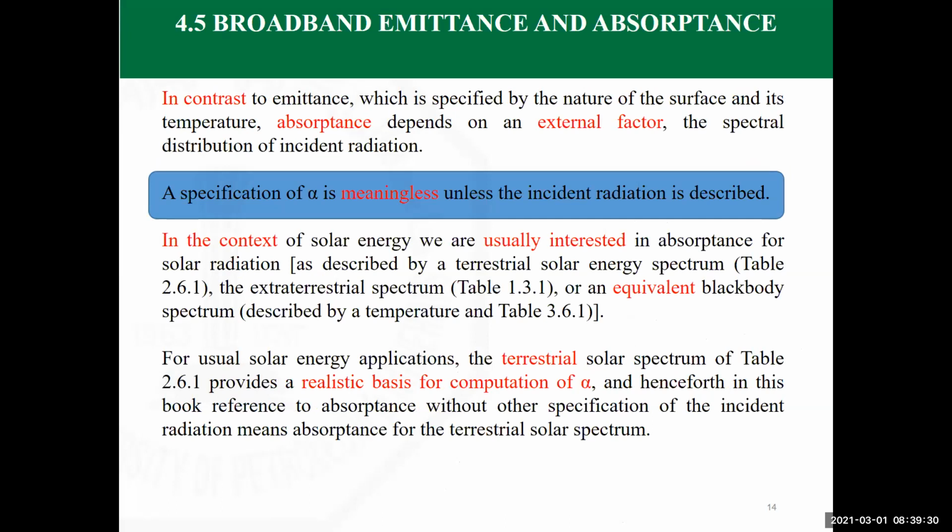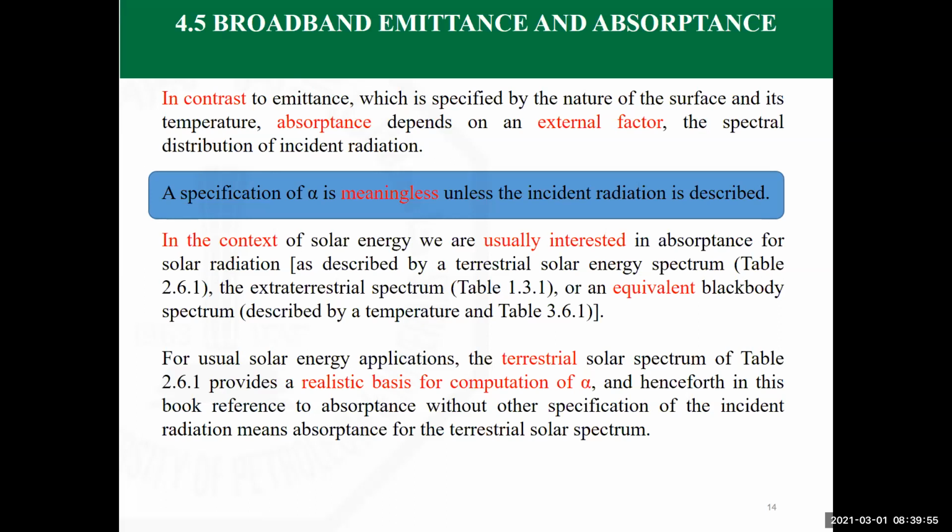Now, the additional issue that we also talked about earlier is that the absorptivity depends on how much energy is incident. And how much energy is incident depends on the surrounding surfaces that are emitting energy as sources, so that the current surface is absorbing part of it.